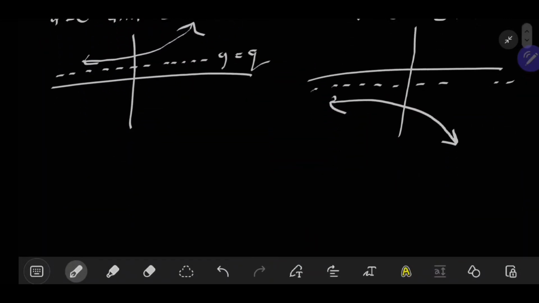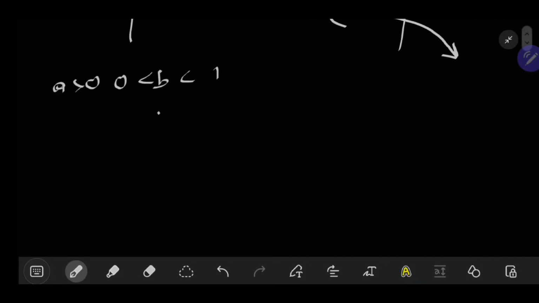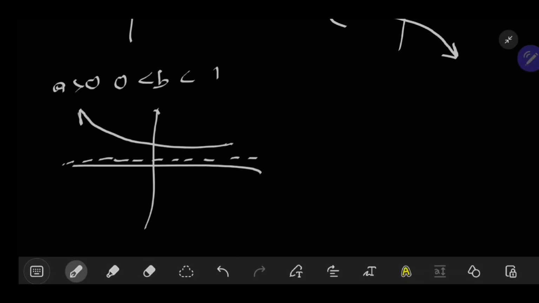Then there is a case whereby a is greater than 0, but our b value is restricted between 0 and 1. In that case, we are going to have something like this. We're going to have our asymptote here near the x-axis, and then a graph like this.